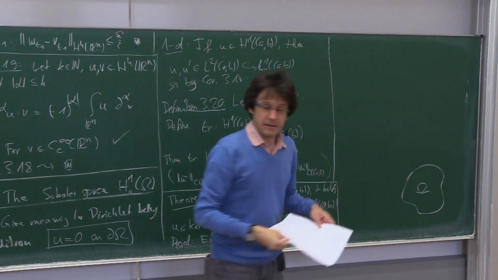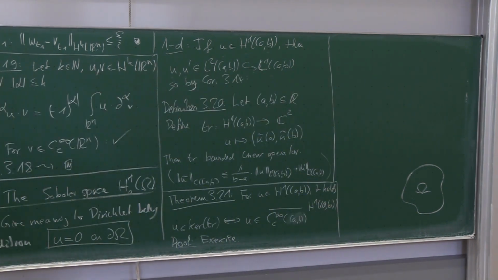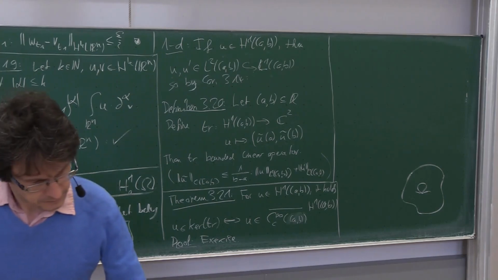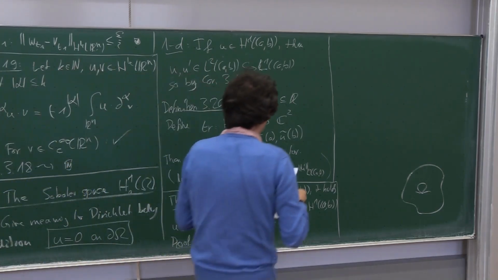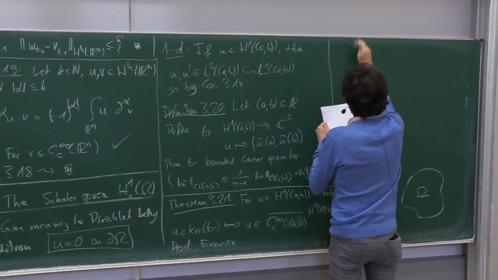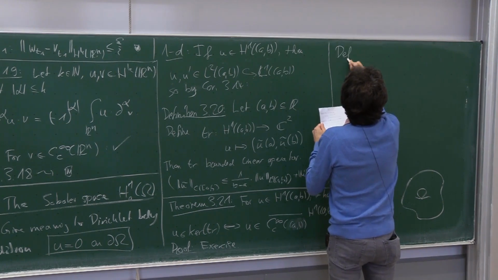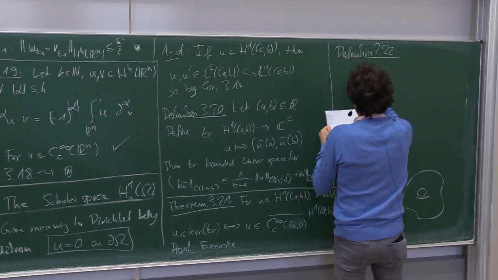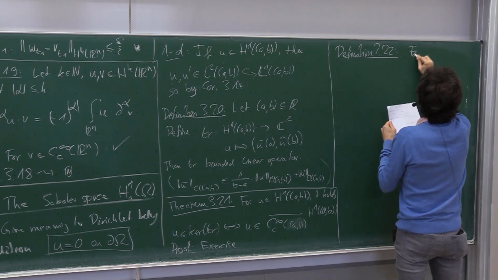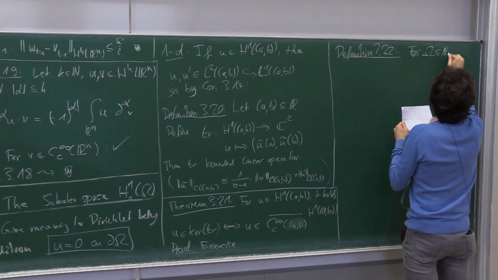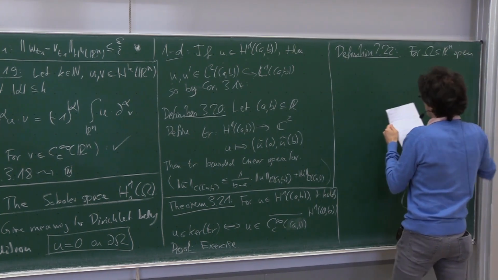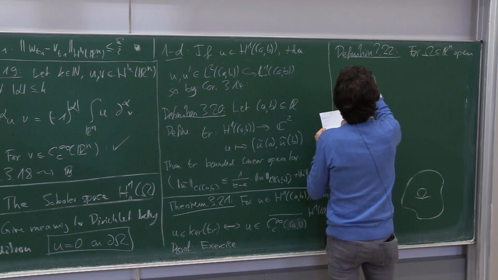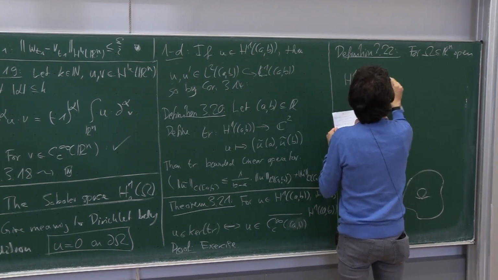And this is the next definition. So this is definition 3.22. Now we are again in R^n. Omega is just an open subset of R^n, and we now define H^1_0 of omega.